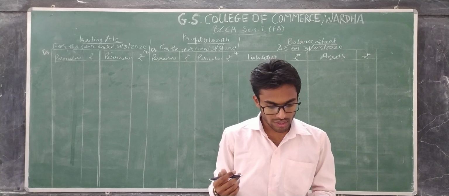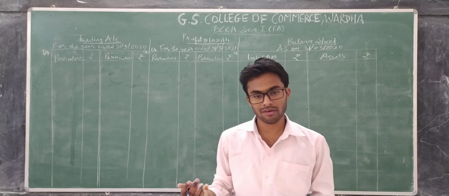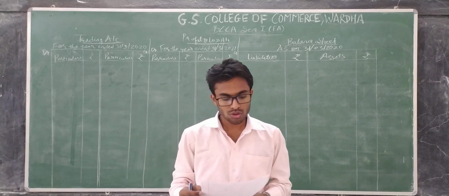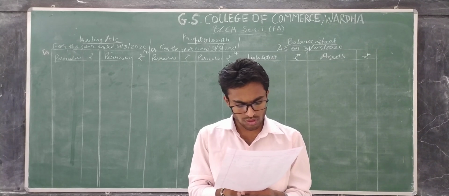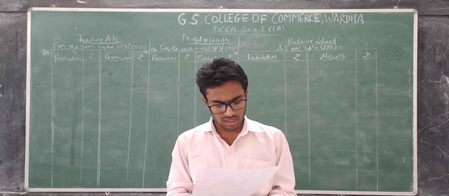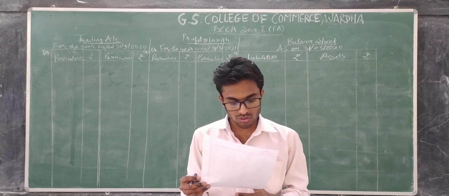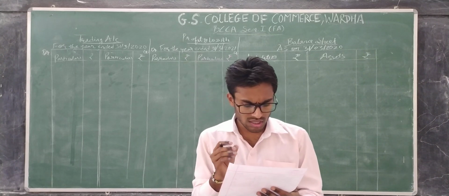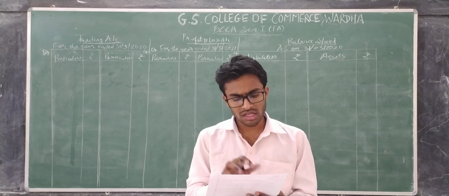You should have a pen or pencil in one hand, and on the other hand the question. How do you deal with this question? First of all, you have to read all the adjustments. The first adjustment is about closing stock, the next one is about excise duties. You have to find where excise duties are mentioned in the trial balance.